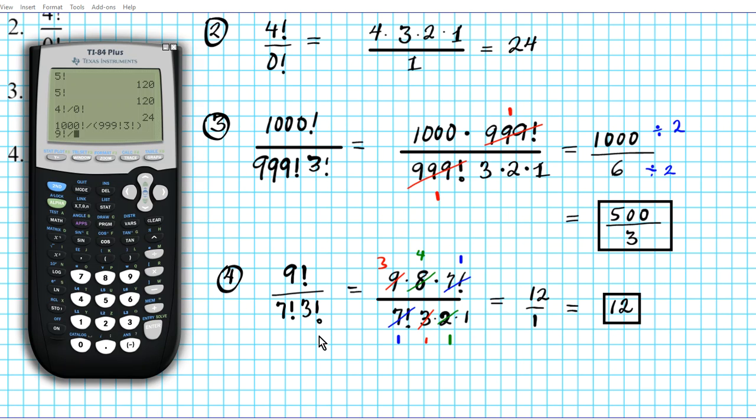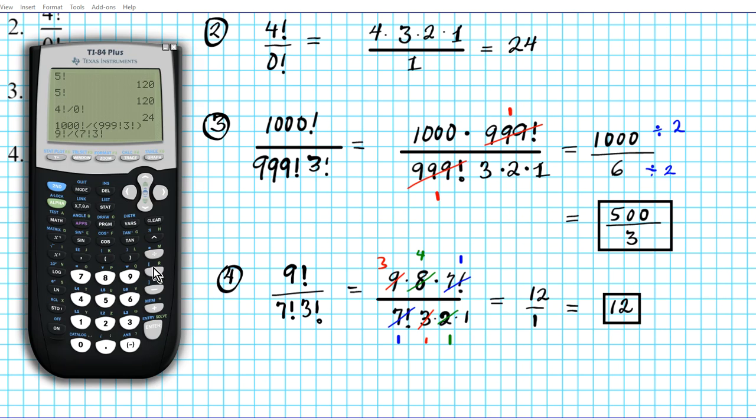You want to make sure you use parentheses since you have multiple terms in the denominator. Okay? So to tell your calculator that 7 factorial and 3 factorial are together in the denominator, you have to use your parentheses. Extremely important. 7 factorial math, probability 4, and then 3 factorial 3 math, probability 4.